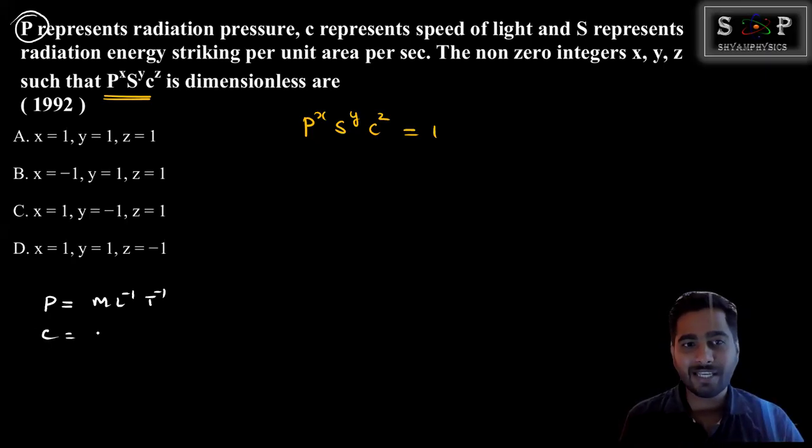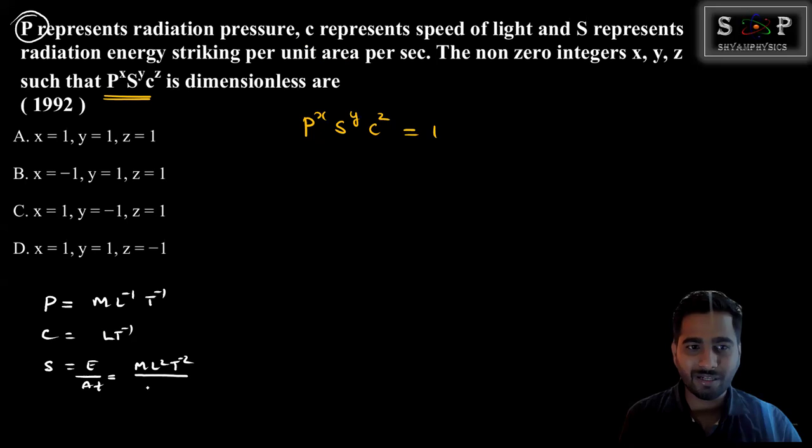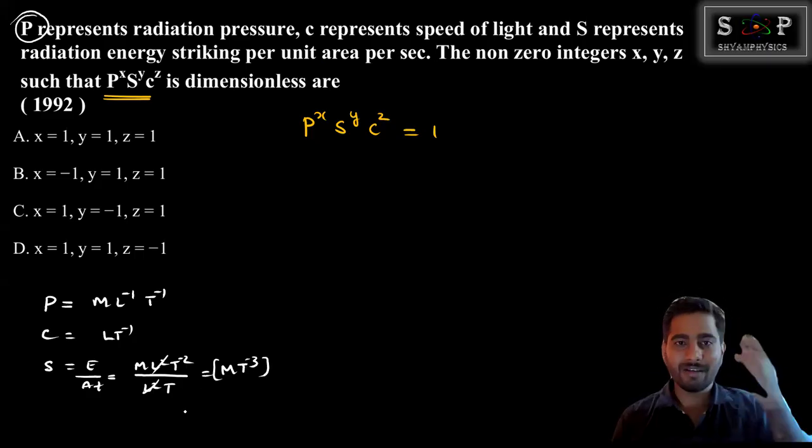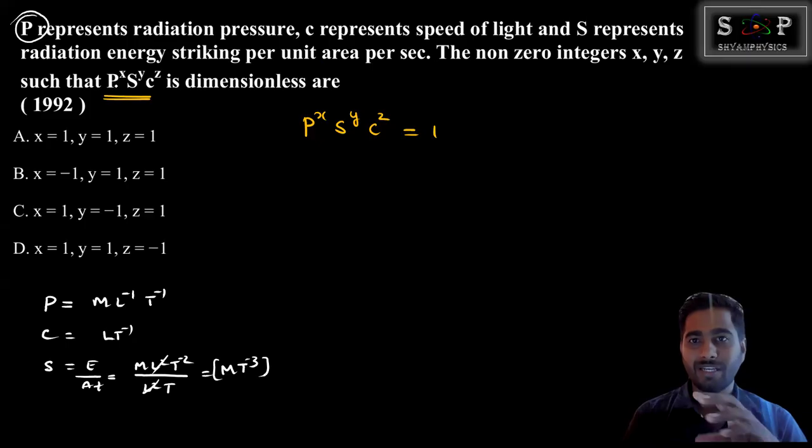And the speed of light C is equal to L T power minus 1, and S represents radiation energy striking per unit area per unit time. S is nothing but energy per unit area per unit time. It is nothing but intensity. M L2 T power minus 2 divided by area L to the power 2 and time T. L power 2 cancels, so it will become M T power minus 3, which is the dimension for intensity. Correct now? They are saying this physical quantity has non-zero powers here.